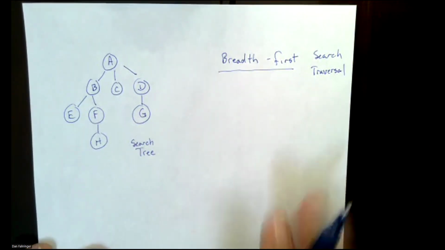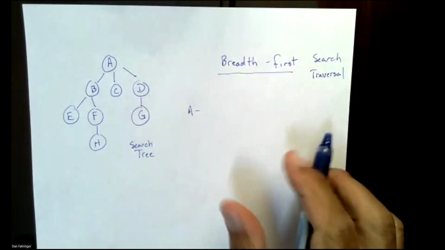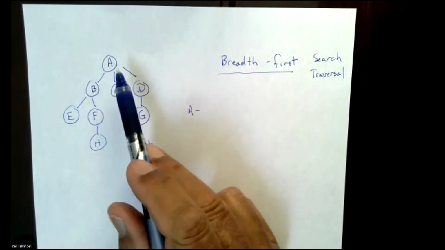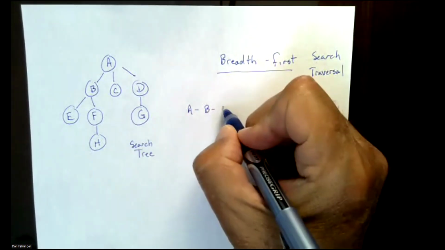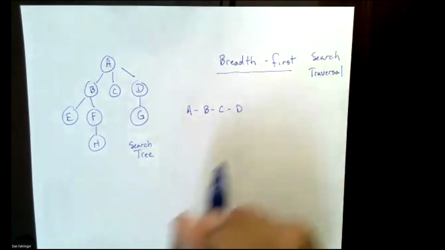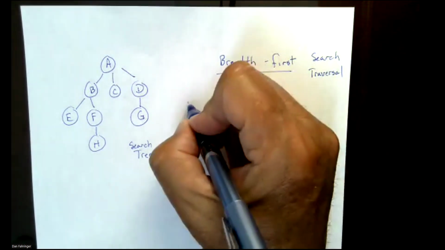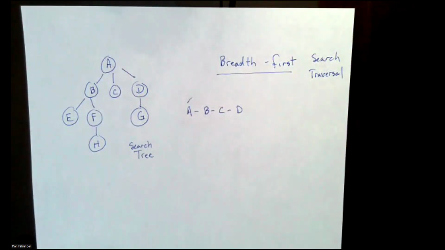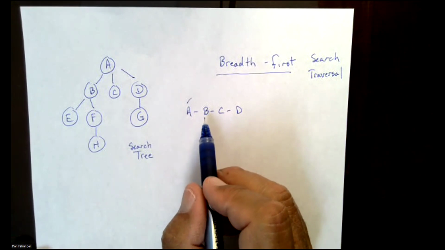Okay. So breadth says I'm going to start at A. From A, where all does A go? A goes to B, A goes to C, and A goes to D. I'm done with A. Now I'm going to take a look at B. Where does B go?